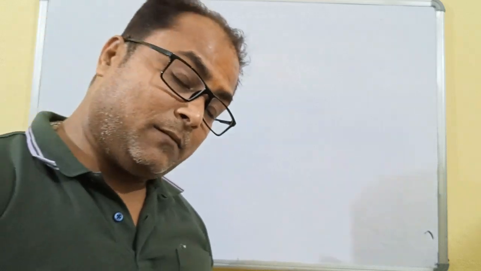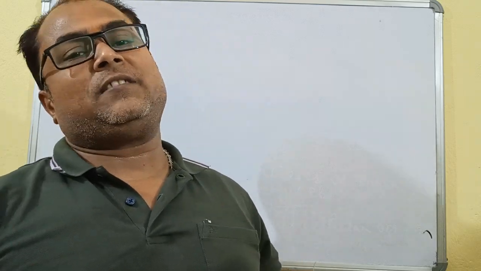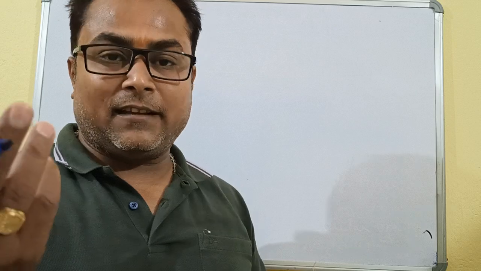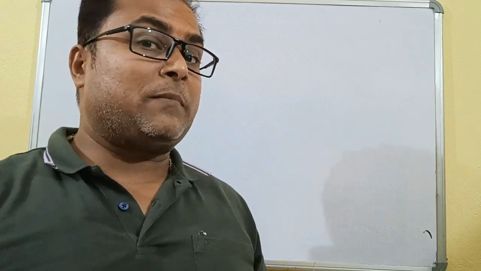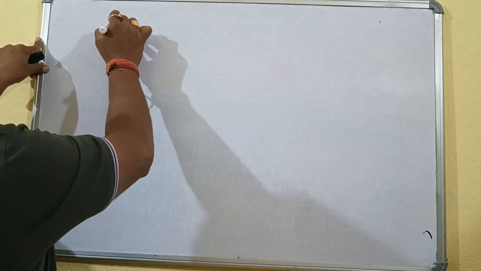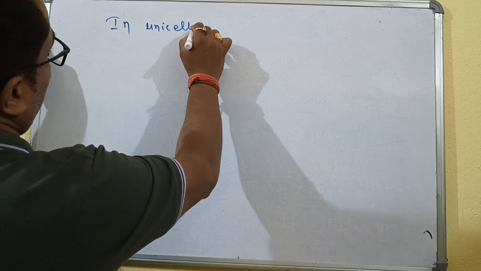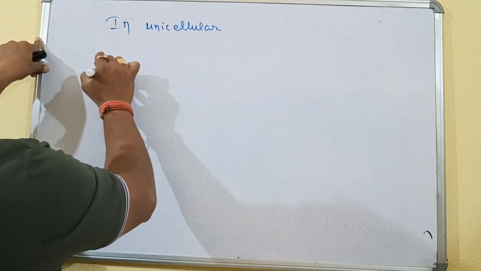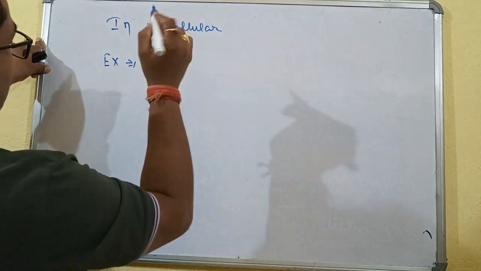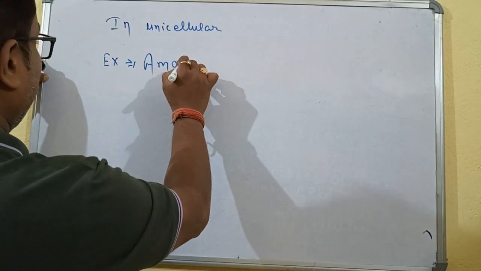Which type of organism is known as unicellular, and which as multicellular? Simply, unicellular organisms are those made up of a single cell, and multicellular organisms are those made up of multiple cells. In unicellular organisms, an example is amoeba.